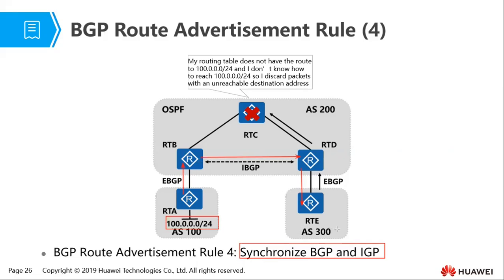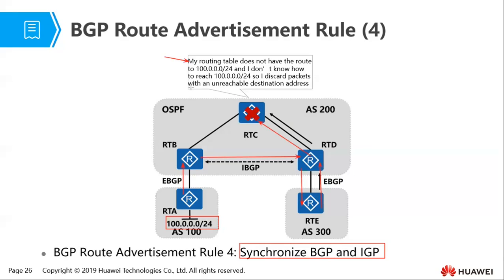Now, in AS300, RTE sends a packet to RTD that is destined to this guy. Now, RTD is directly connected to RTC, and therefore, in order to get this network, it will send that packet to this guy. But when this guy receives that particular packet, it's going to check its routing table and realize, hey, my routing table does not have the route, and I don't know how to reach this route.